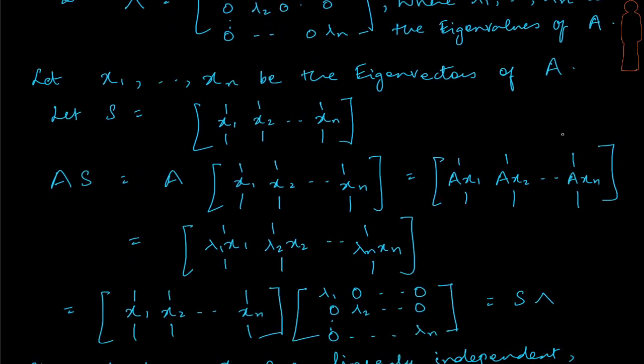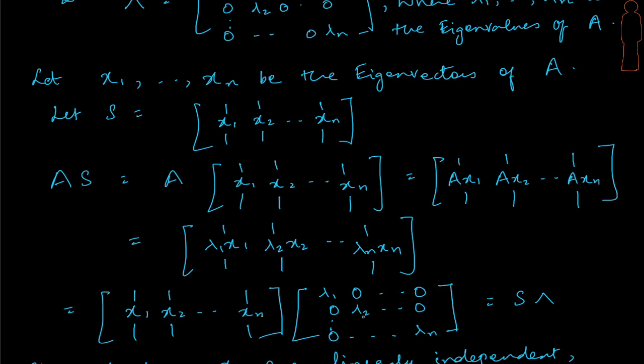So let's replace them with the product, which is a scalar times the vector: lambda 1 times x1, lambda 2 times x2, and so on up to lambda n times xn. When we look at this from the column view of multiplication, this can be written as the matrix of all the vectors x1 to xn, followed by either a single column of the lambdas, or a diagonal matrix where the lambdas are across the diagonal.